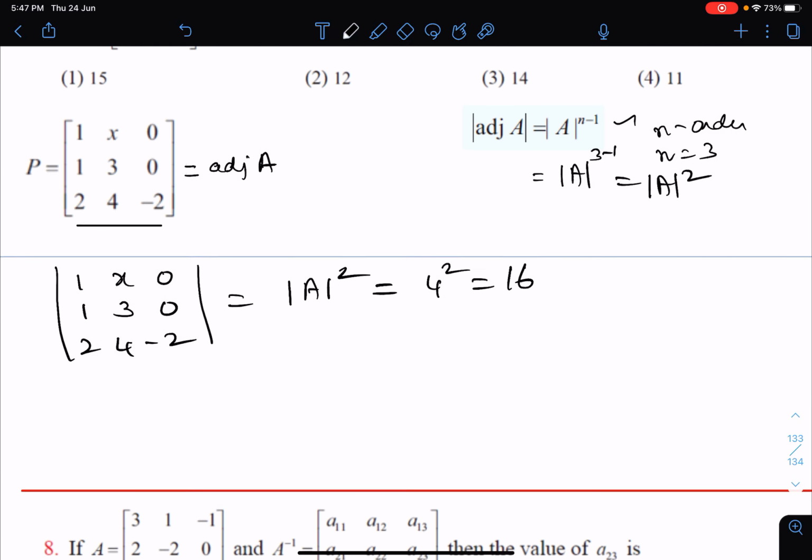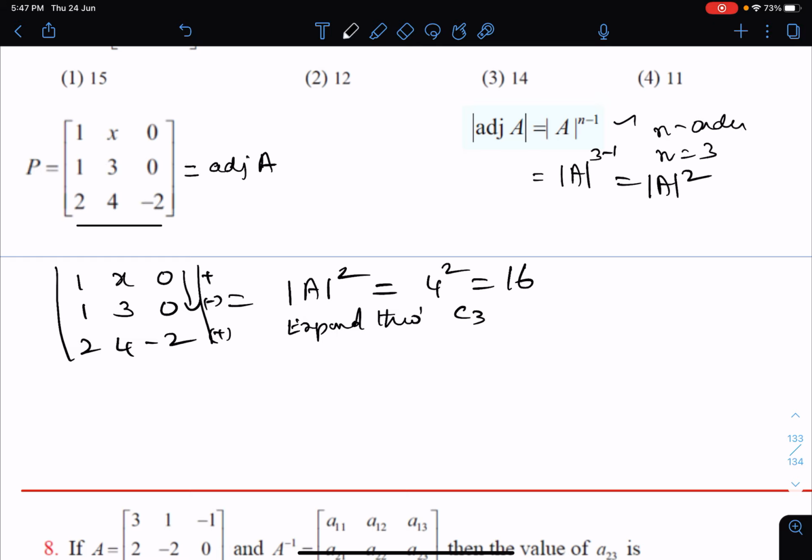Now we are going to expand this through C3, so this is going to be plus, minus and plus. These two are 0, so you are going to take this minus 2 alone.